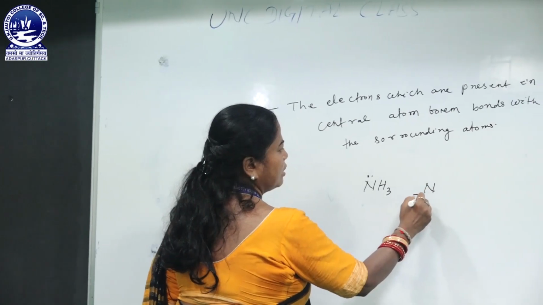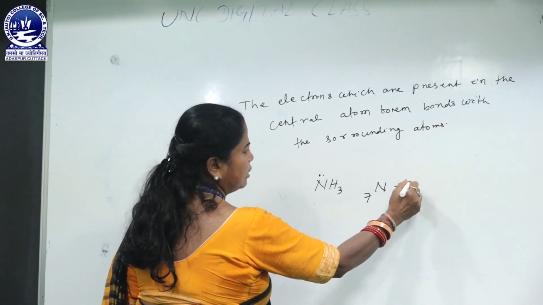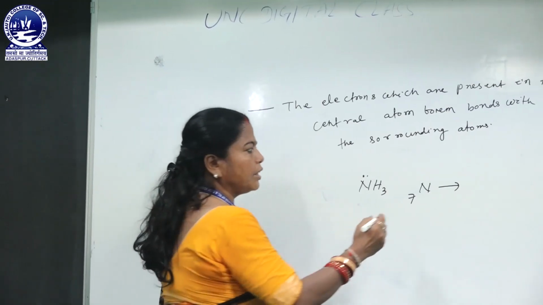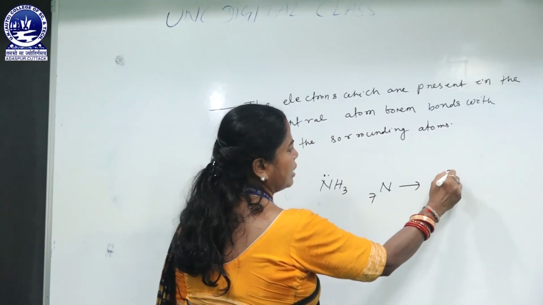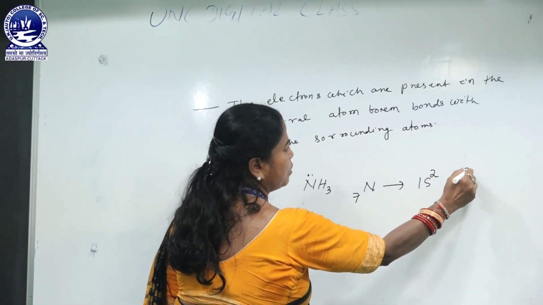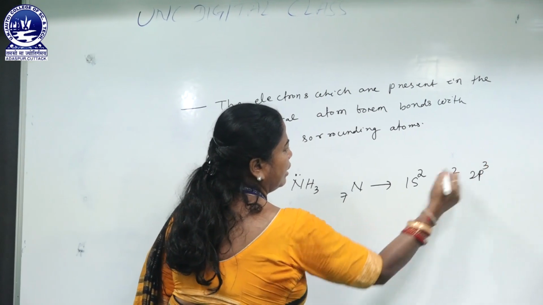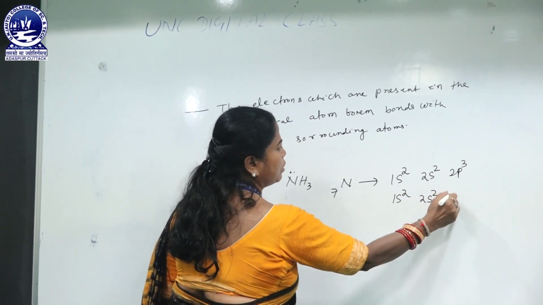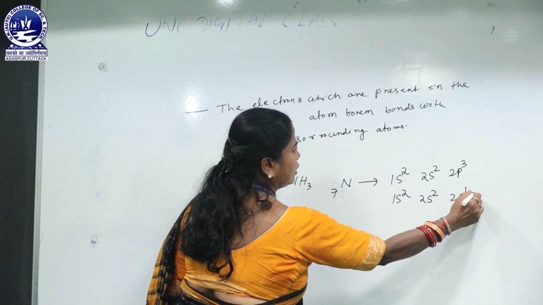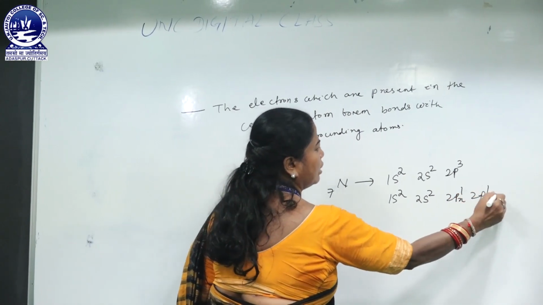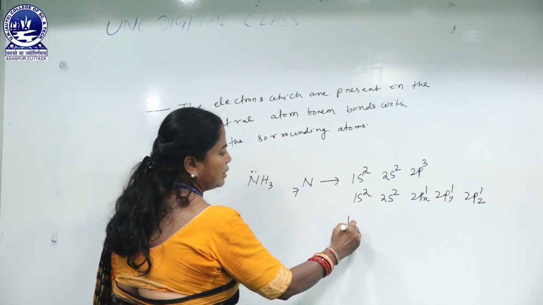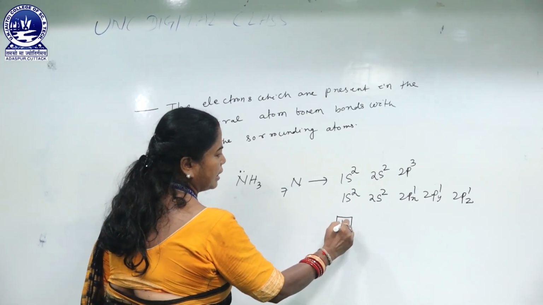The central atom is nitrogen, having atomic number 7, and the configuration is 1s2, 2s2, 2p3, and again it is 1s2, 2s2, 2px1, 2py1, 2pz1. Then it is sp3 hybridized.